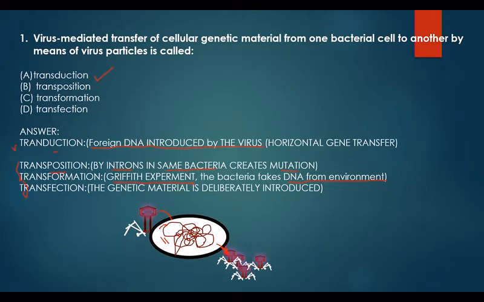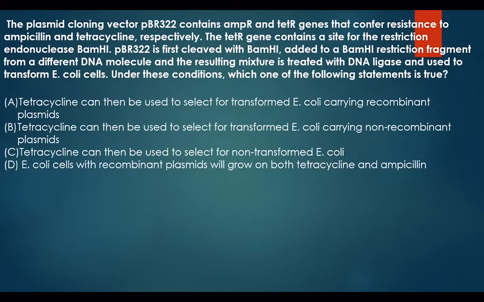Next, plasmid cloning vector PBR322 contains ampicillin resistant and tetracycline resistant genes that confer resistance to both ampicillin and tetracycline respectively. So this PBR322 is itself a transformed E. coli. It has resistance to ampicillin and tetracycline, meaning it grows in media which contains ampicillin and tetracycline too.